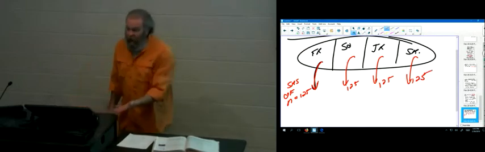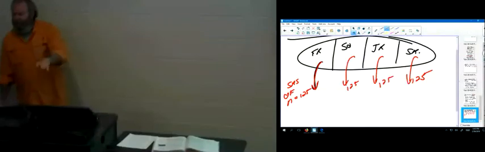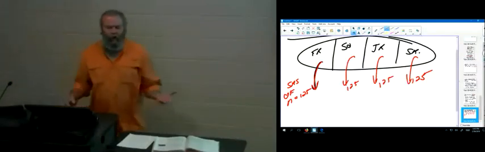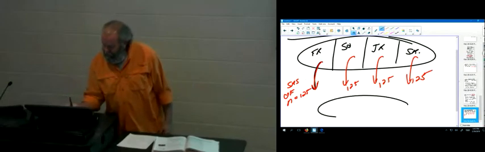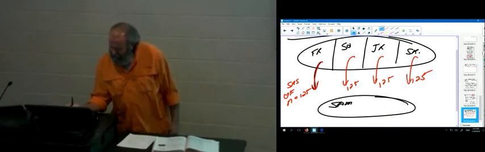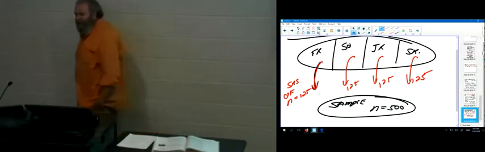Now, obviously, these are all simple random samples. You do each one separately. You do the freshmen by themselves, the sophomores, the juniors, the seniors. And at the end, you combine these to form your full sample. Right here it says my sample.